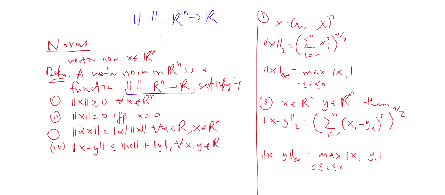And the norm of the sum of two vectors is less than or equal to the sum of the norms of the two vectors. Usually people call this the triangle inequality. That is the last one.